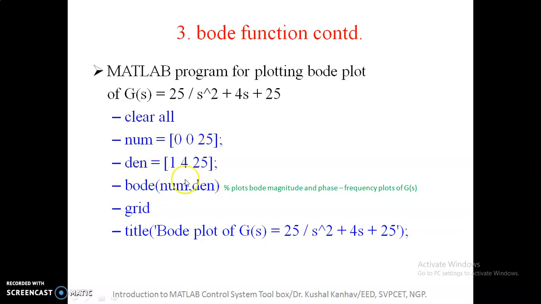For this function, the Bode magnitude and phase frequency plots of G(s) will be plotted. We will have the grid also on that plot, and then we will write a title for that: the Bode plot of G(s) = 25 upon s² + 4s + 25. So let us execute this program again in MATLAB.